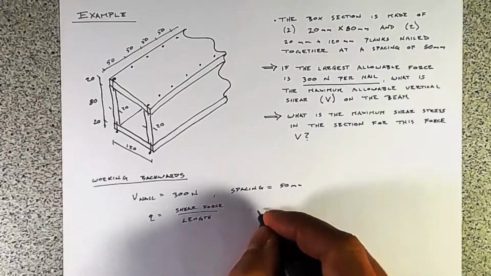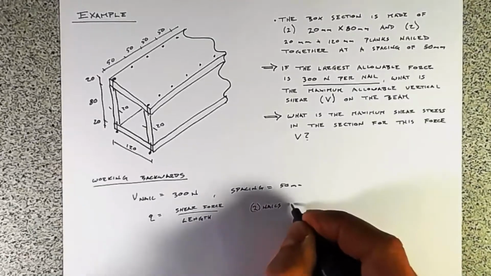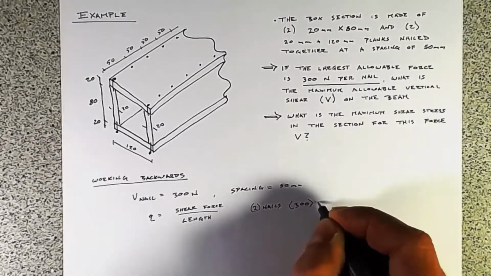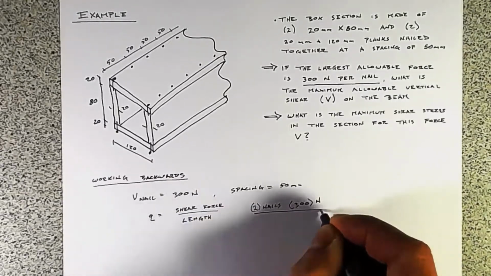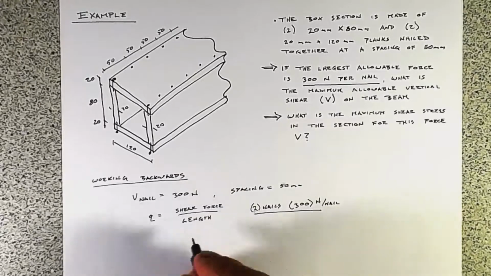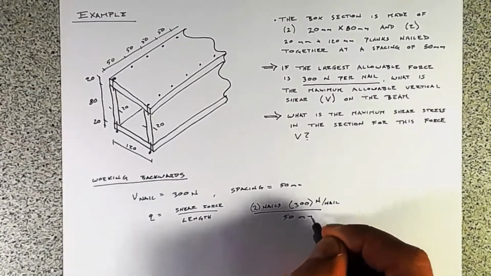So we have two nails, and they can each take 300 newtons per nail, and that's over a spacing of 50 millimeters.